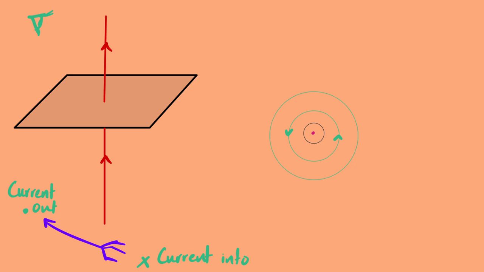So all I need to do is expand this circle slightly more so that it becomes obvious that the spacing is increasing, right? And again, I don't need to use the right hand grip rule again and again. I can already tell whatever the directions are. And then the third circle is going to be even further away. So something like this. This shows increasing spacing. So this is the field pattern for current out of the page.